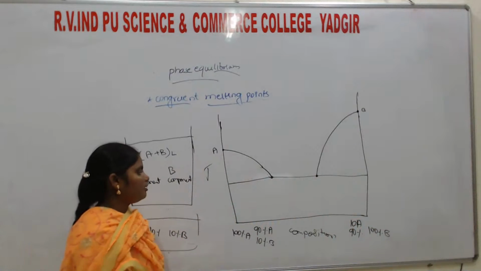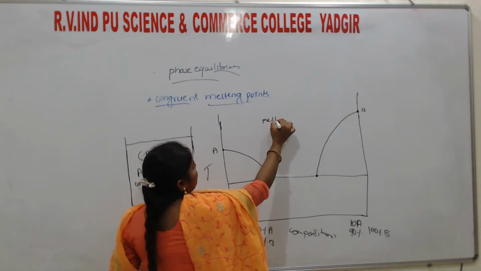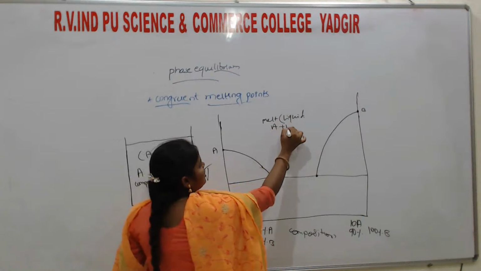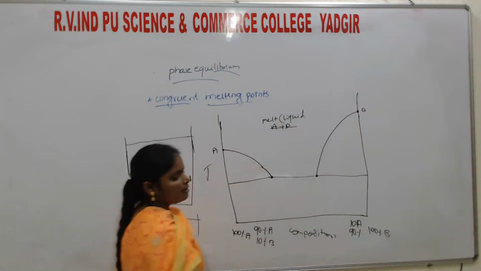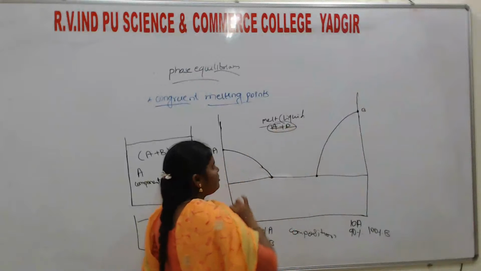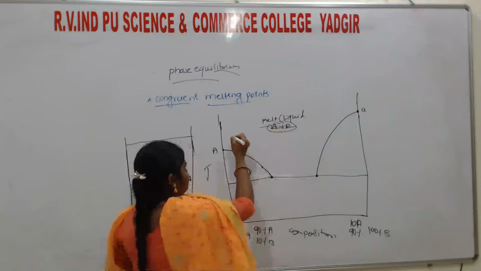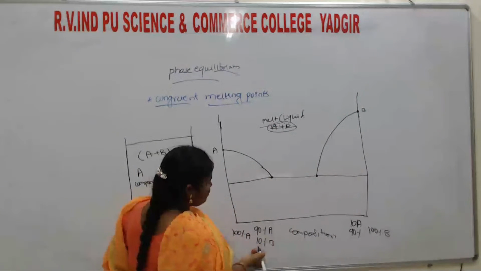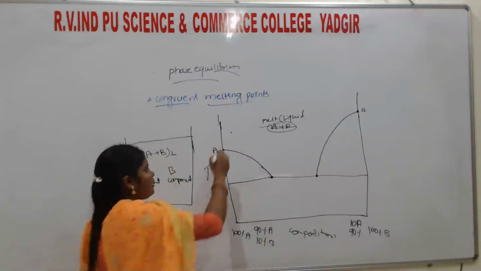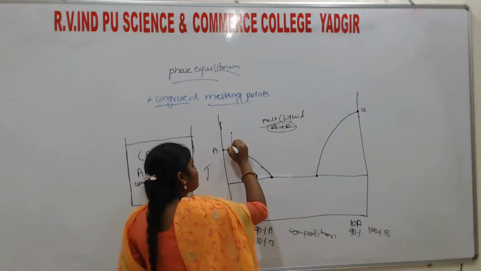First, assume the point is here, when this is a melt or liquid. Here we have A plus B, one is the A component and another the B component. I give a high temperature, and A and B are in a liquid state. I take the point here, 90% A and 10% B. I consider this point, and the temperature is decreasing from here.